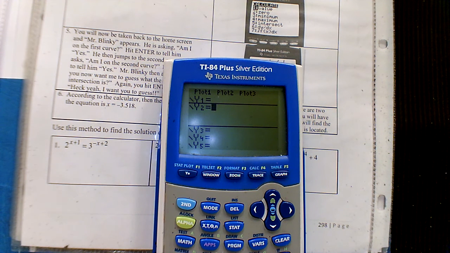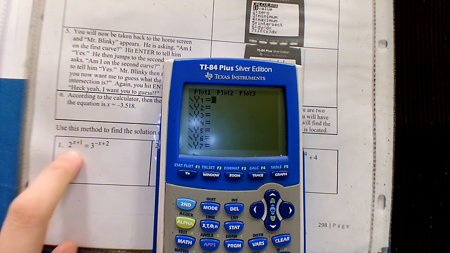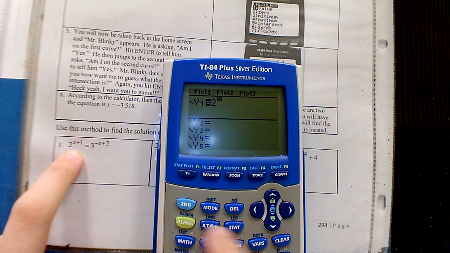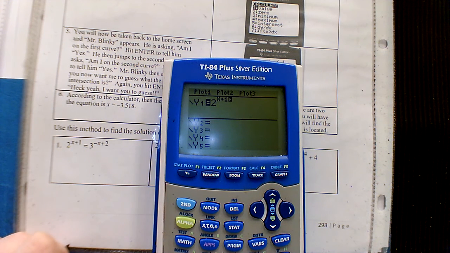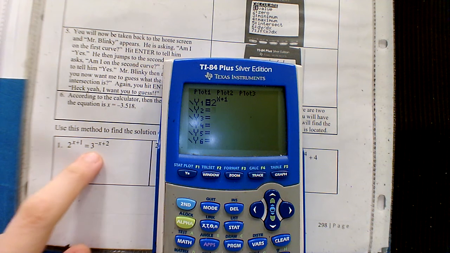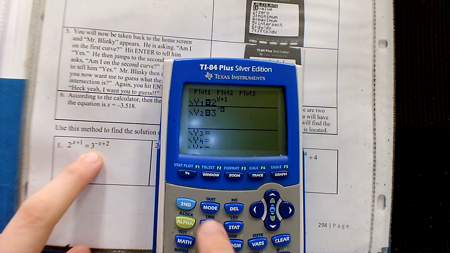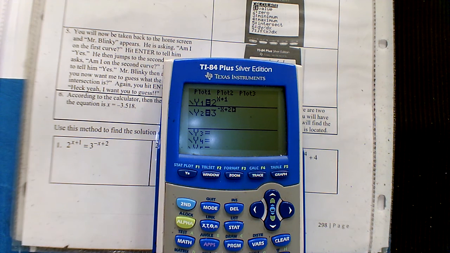Maybe this problem's in there from last period, but make sure it's the right one. In y1, we're going to type in the left-hand side, 2 to the power of x plus 1. And in y2, we'll type in the right-hand side, 2 to the power negative x plus 2.